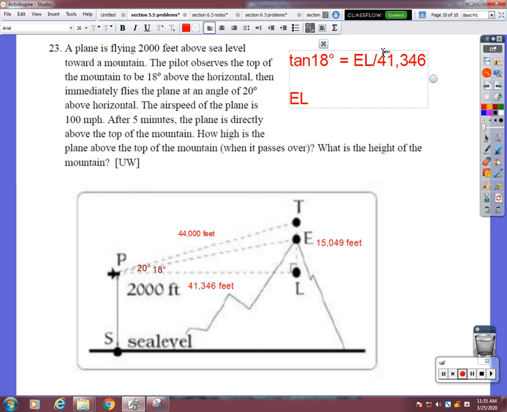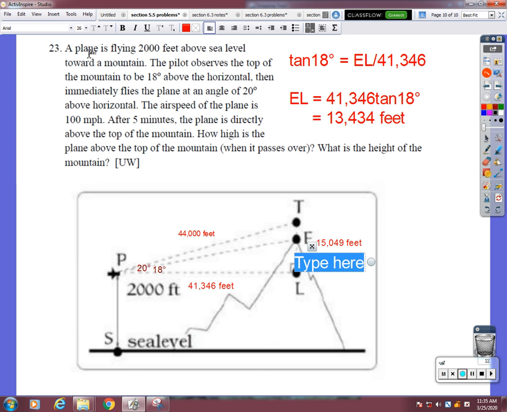So this time, hopefully you guessed it correctly, I am going to take 41,346 and multiply it by the tangent of 18 degrees. And that works out to be 13,434 feet.